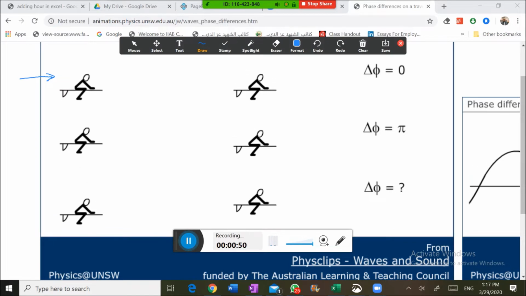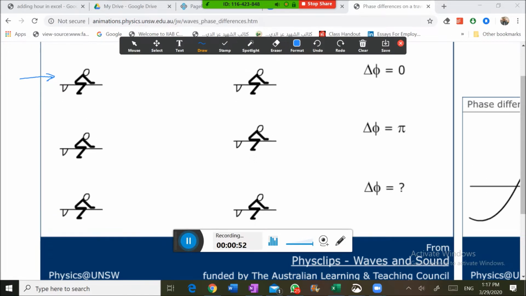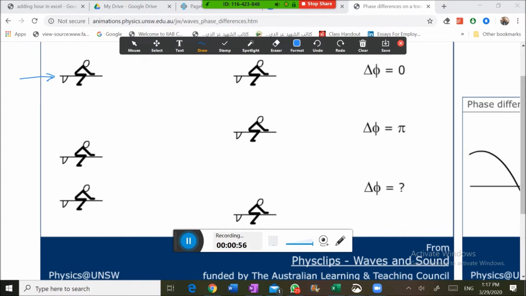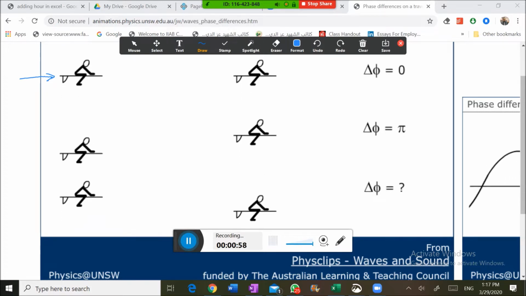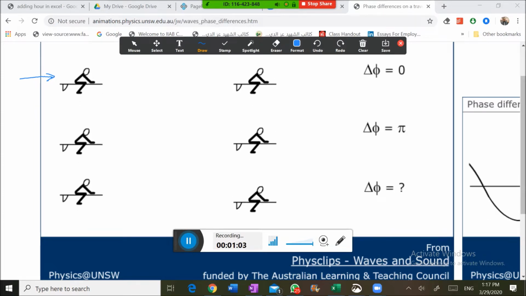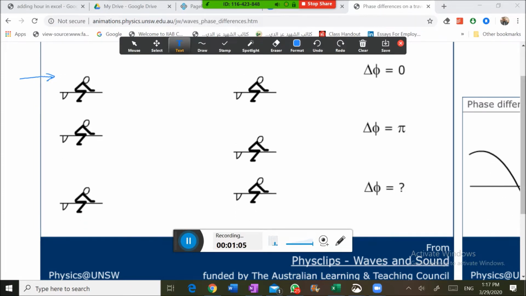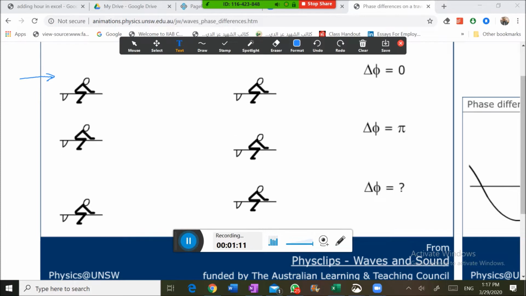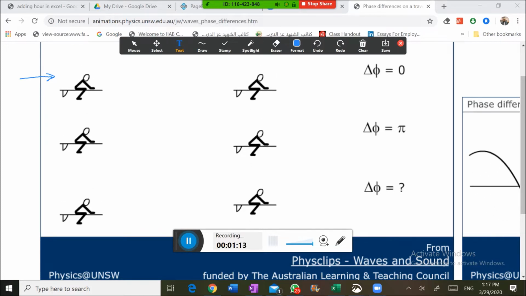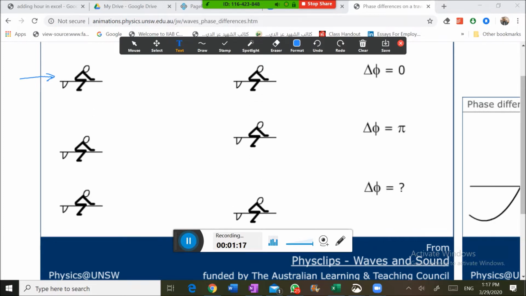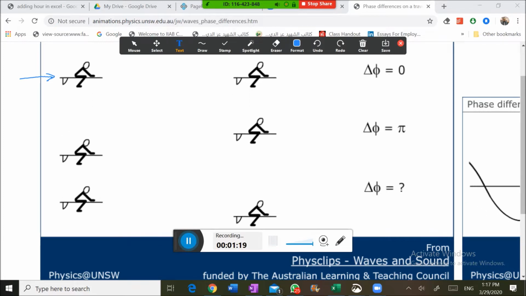It's clear that these two particles are oscillating in the same way. يعني both of them will move up together, both of them will move down together. This is called in phase, right? This is called what? In phase. Okay? Any question? I will explain later what is meant by phase, but now we can say that they are in phase.